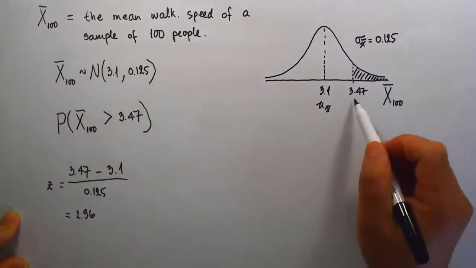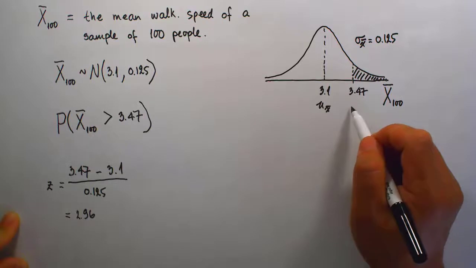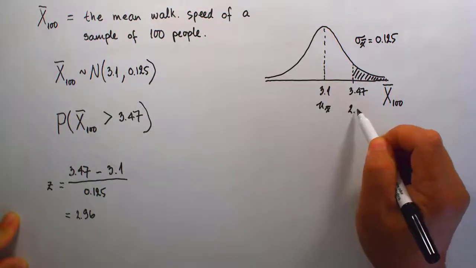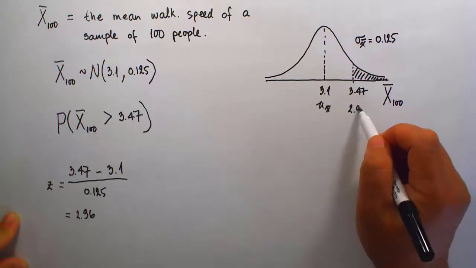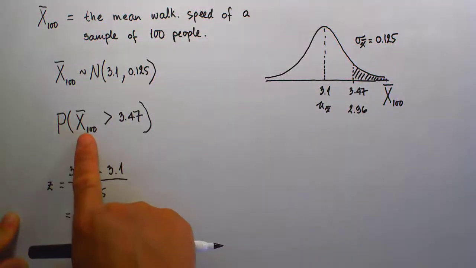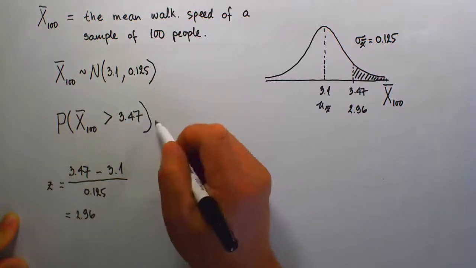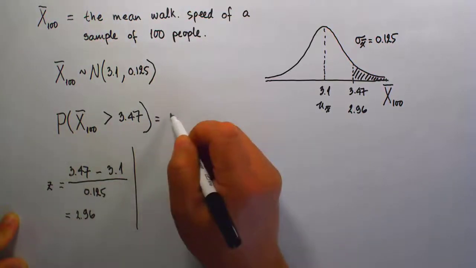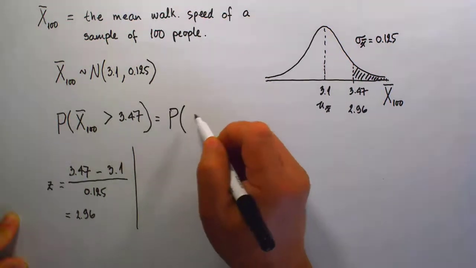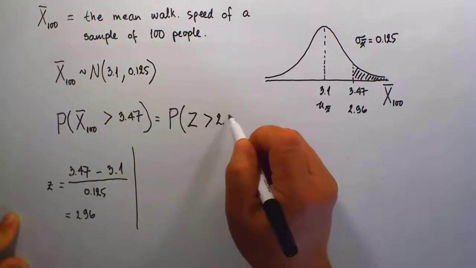So at this particular limit, the equivalent z-score on the standard normal distribution is 2.96. That means looking for sample means above 3.47 is the same as looking for the z-score being above 2.96 on the standard normal distribution curve.